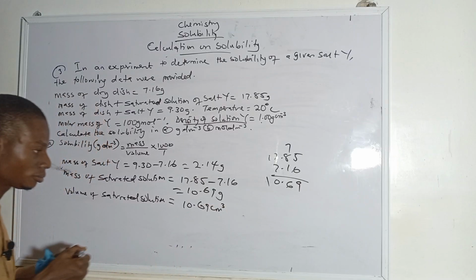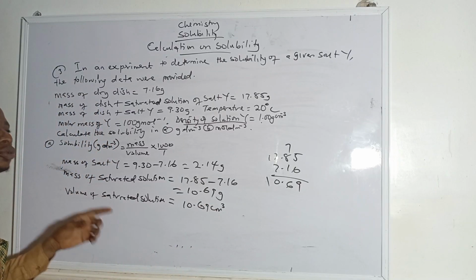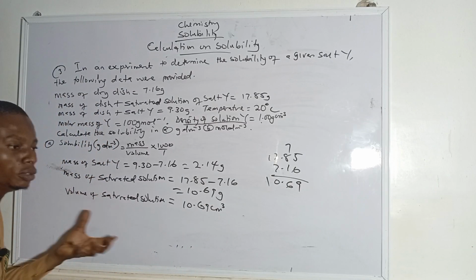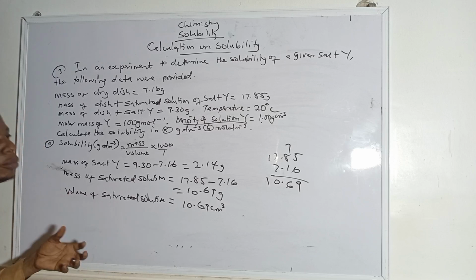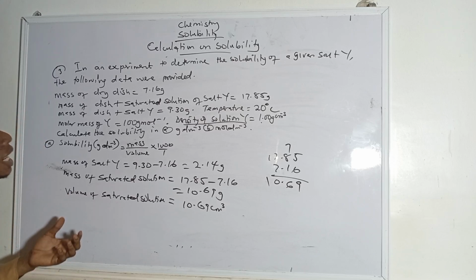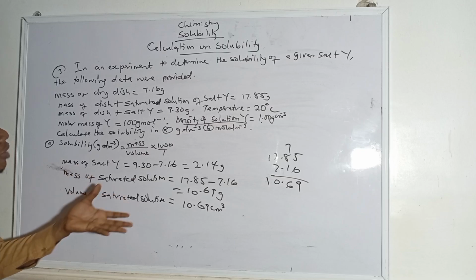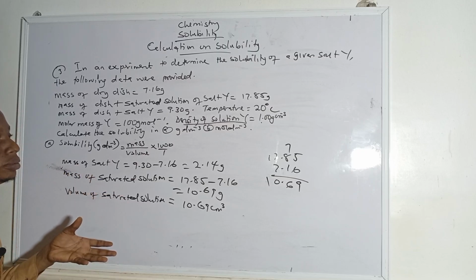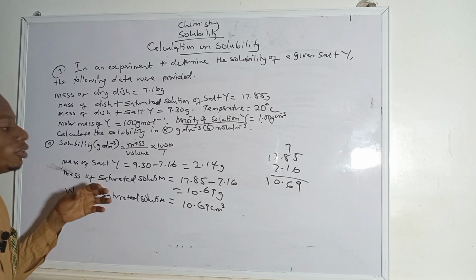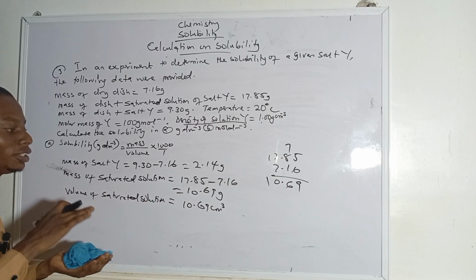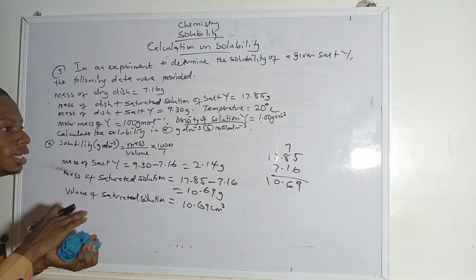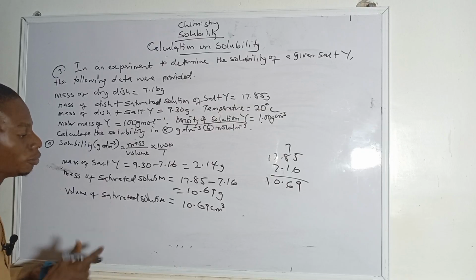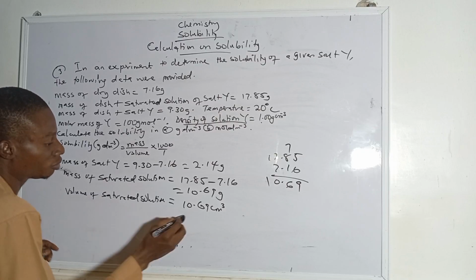Here, it is the volume of saturated solution that we're going to use in the calculation, not the volume of solvent. Because you may be thinking, why should we not find the volume of solvent? No, it is the volume of saturated solution, because this is a saturated solution and everything is already in balance. So we use the volume of saturated solution to solve the question.